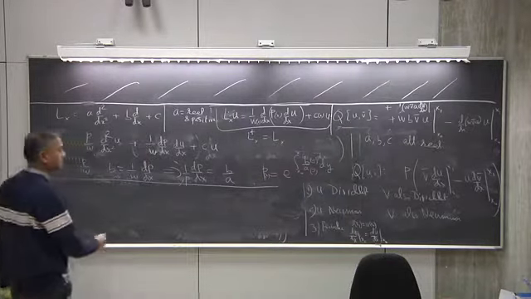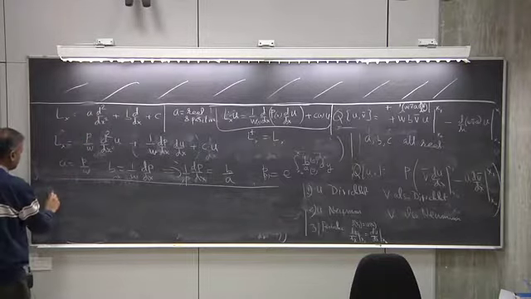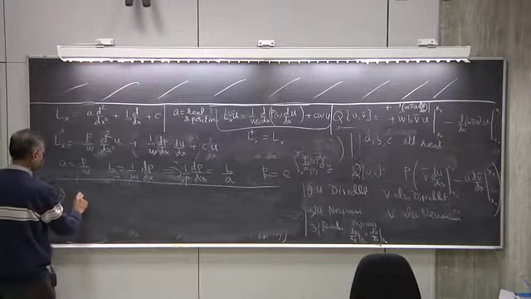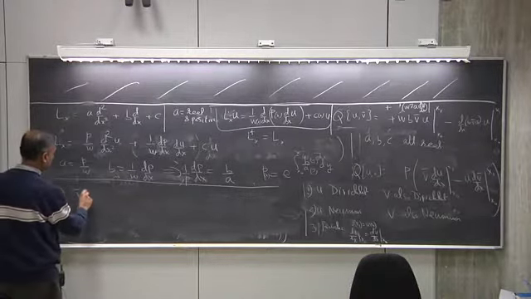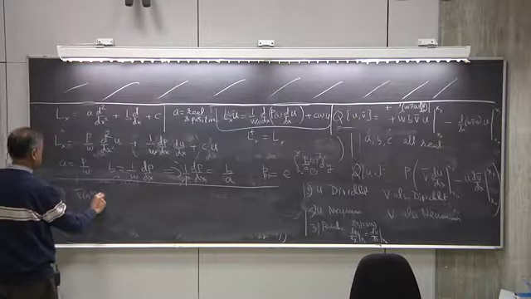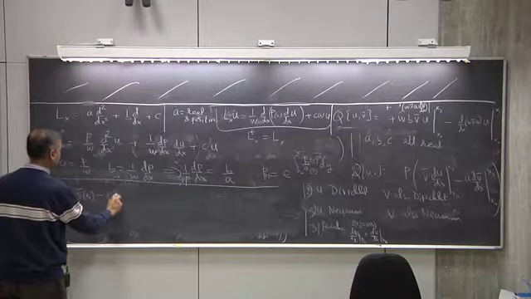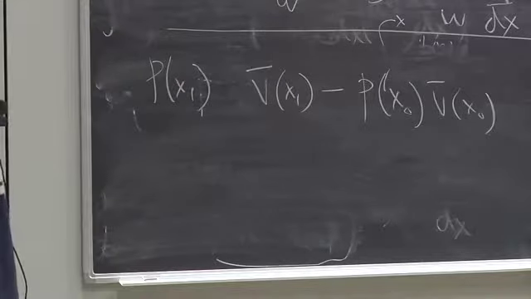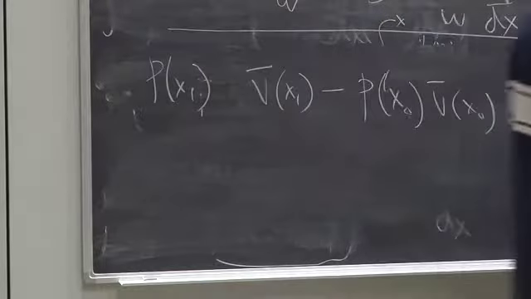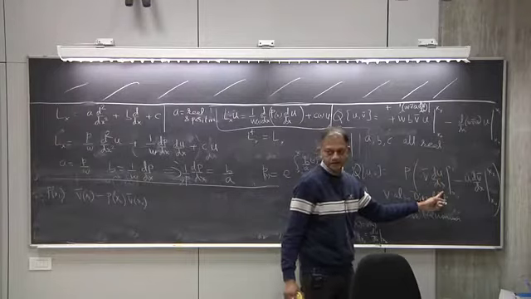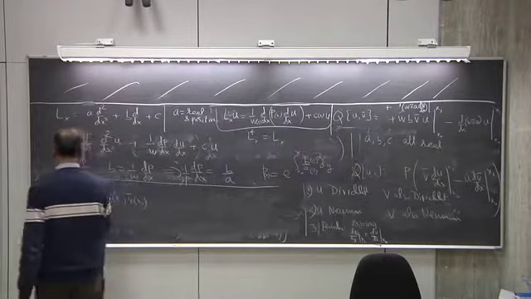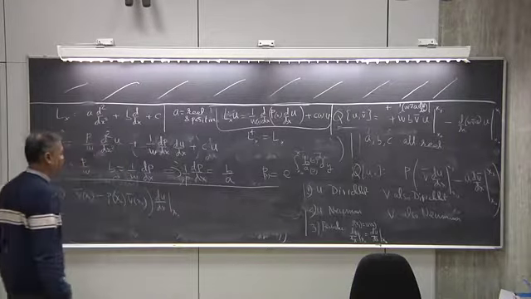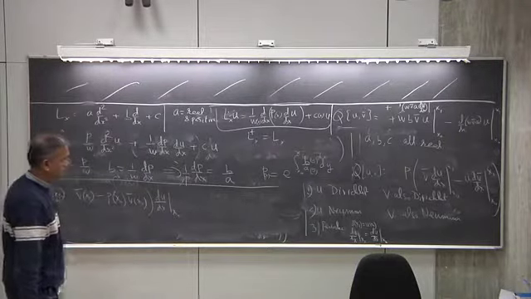So I should say P of x1 times V bar at x1, minus P at x0, V bar at x0, times, because I use the fact that du by dx at x1 is the same as du by dx at x0, so this is multiplying du by dx at x0.